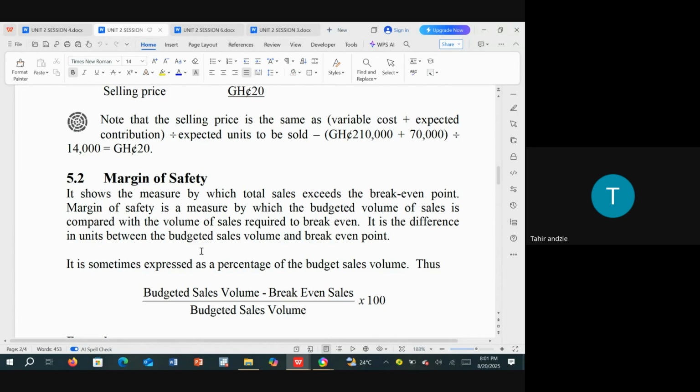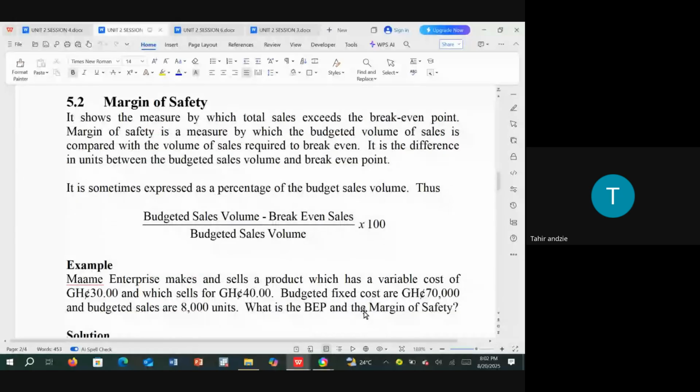It can also be expressed as a percentage of the budgeted sales. If you subtract the break-even sales from the budgeted sales, you get the margin of safety. And if you express this margin of safety as a percentage of the budgeted sales, you get the margin of safety in percentage. So now let's look at the question here.